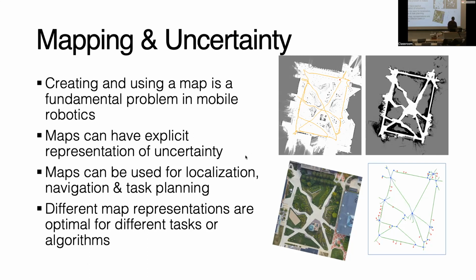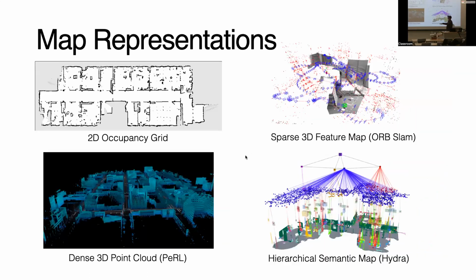Other maps you might see: those were what we call occupancy grid maps, where we're measuring whether cells are occupied or free. But we can also use maps in different forms. This map is just a dense 3D point cloud where all of the measurements of the environment have been mapped to a real position in 3D space, and then we can use that for navigating.